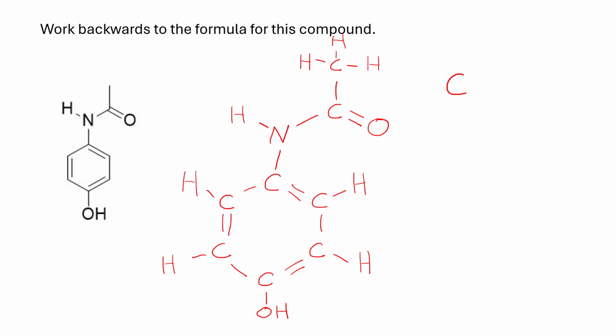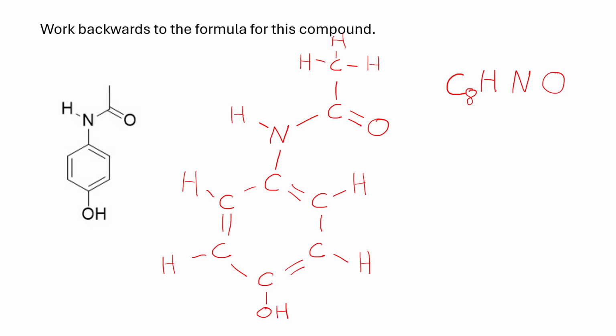We're going to have carbons, hydrogens, nitrogens, and oxygens. For the number of carbons, there are 6 in the ring, plus up top there were 2 more. That gives us a grand total of 8 carbons. The hydrogens up top, we've got 3. There's 1 attached to the nitrogen, that makes 4.